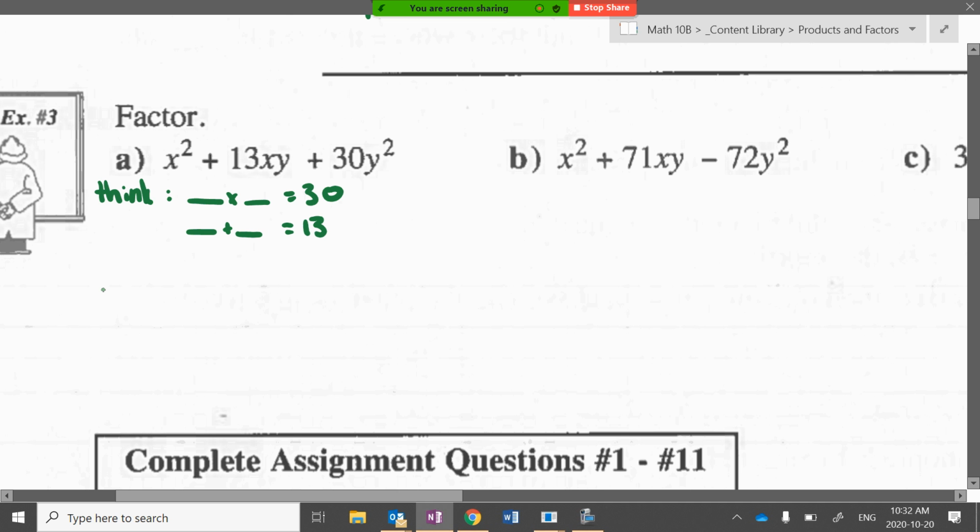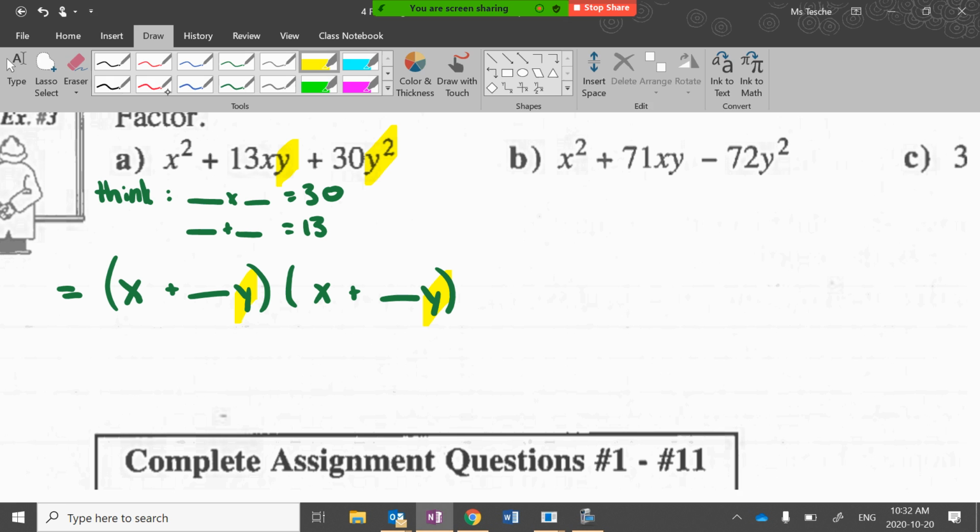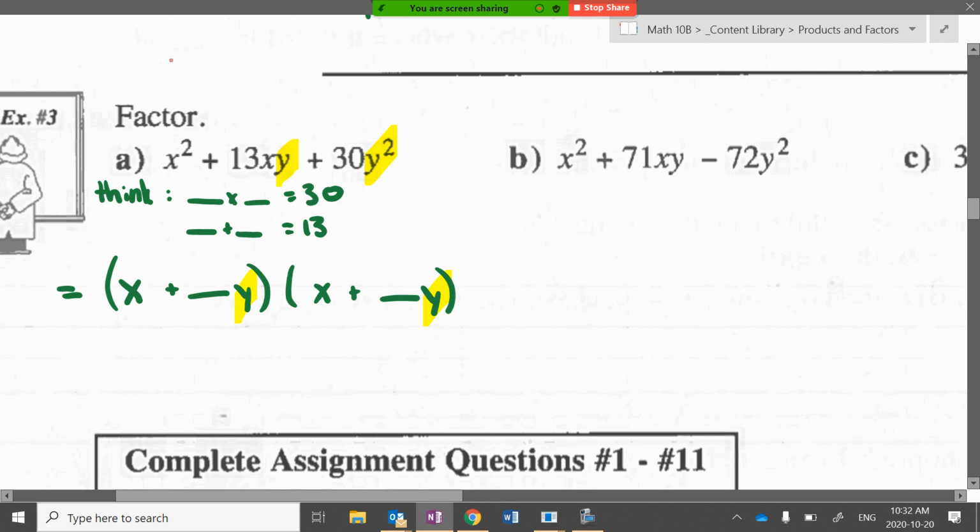The only catch now is I know our answer is going to be x plus something with a y, and then x plus something with a y. I know that because my last term is a y squared and there's a y here. So there have to be y's on those two. So we're still doing the same process, just with an extra variable.